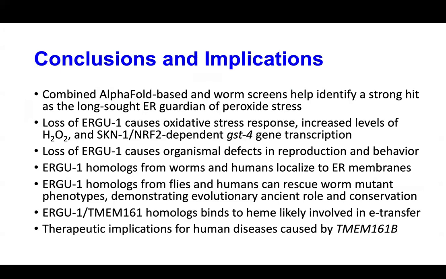And since the loss of function of this protein in human can cause disease with unknown mechanism, we hope our studies may also indicate potential options for the treatment. For example, if the disease phenotype is caused by oxidative stress, we might be able to alleviate that with a certain antioxidant in those patients.